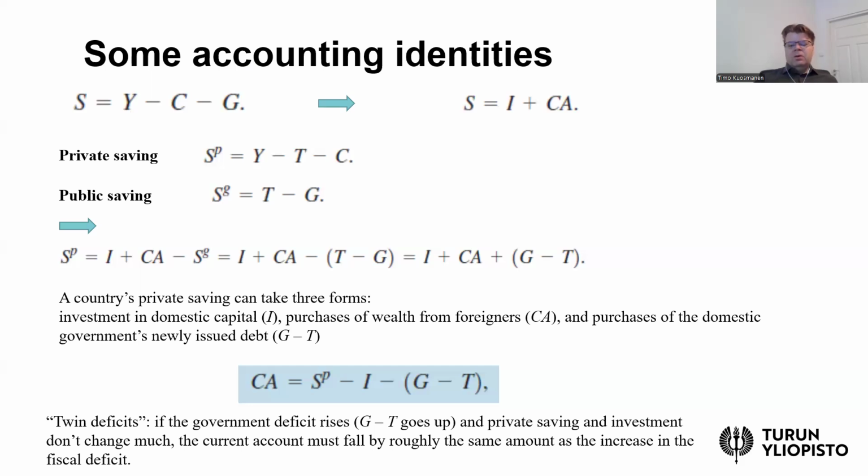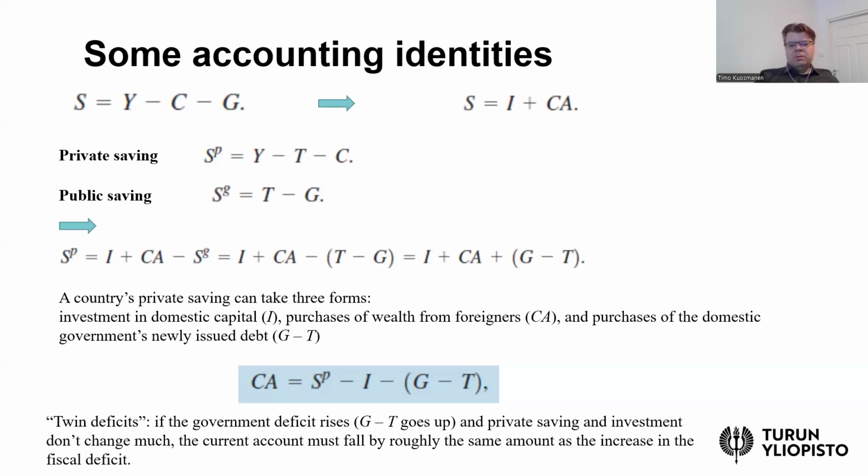In the USA, there was this historical observation of twin deficits. As I have indicated at the bottom of the slide, following the Krugman et al. textbook, if we suppose that private saving and investment are relatively stable over time, then it can be that if the government increases its expenditures without collecting tax revenue to match this increase, the government deficit rises, leading to the so-called twin deficit, where the current account also falls to deficit.